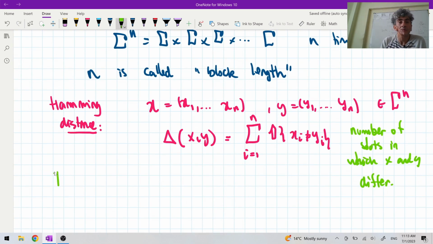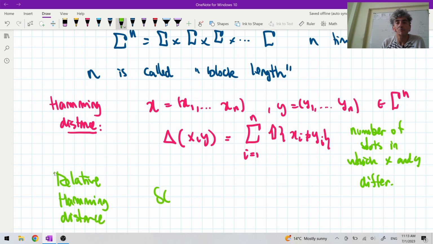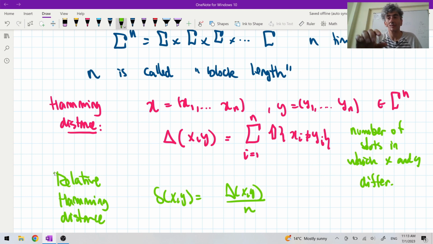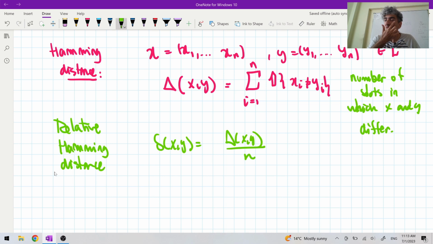Then we have the relative Hamming distance, which is simply the Hamming distance divided by the block length. This gives a relative version of the distance, okay? And these things are used in coding theory very, very much.